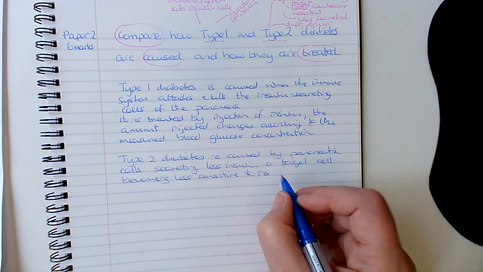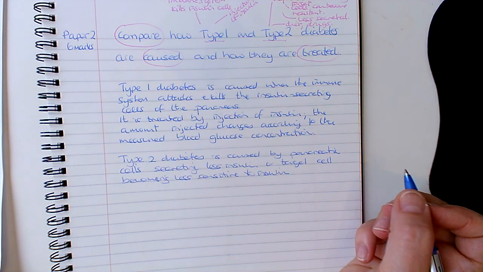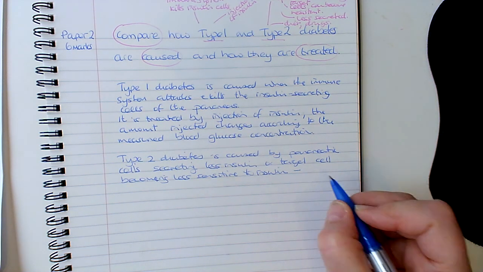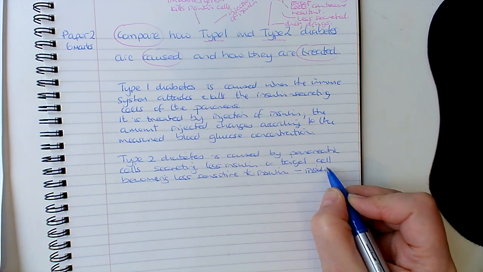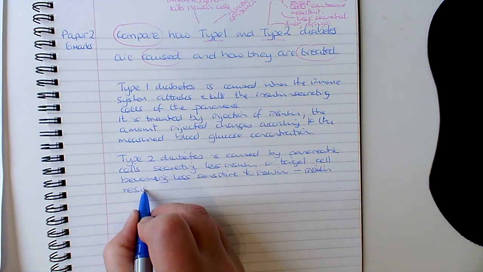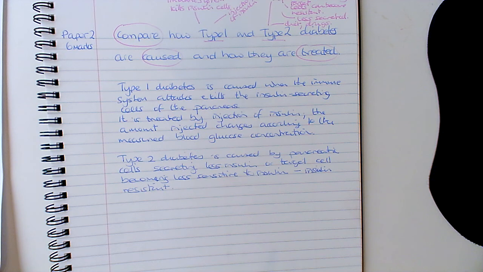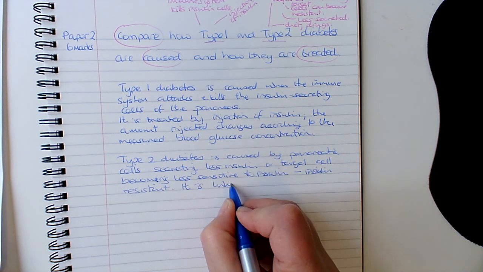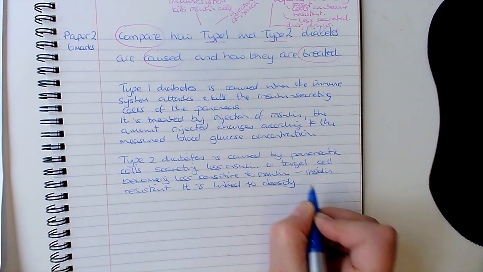Now I'm writing less sensitive to insulin, so I'm trying to avoid the word it in my answer. So it becomes less sensitive. That term is insulin resistance. Or insulin resistant in this case. Okay, right, so it is linked to obesity.